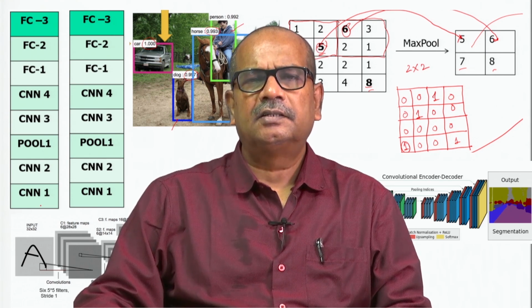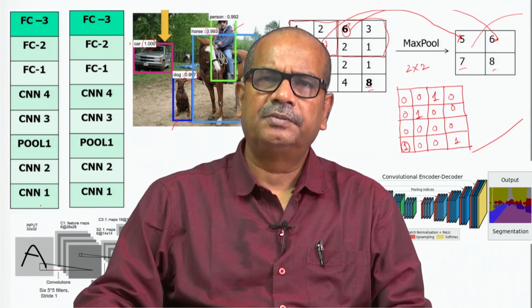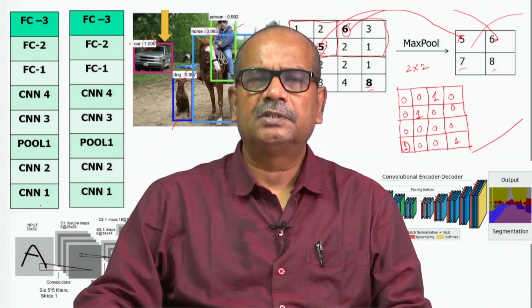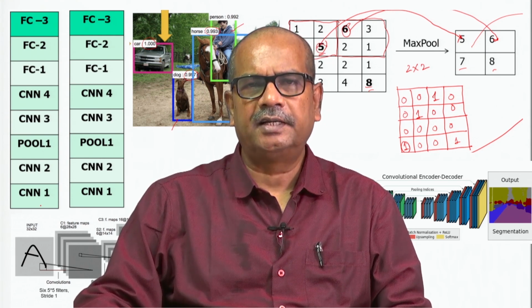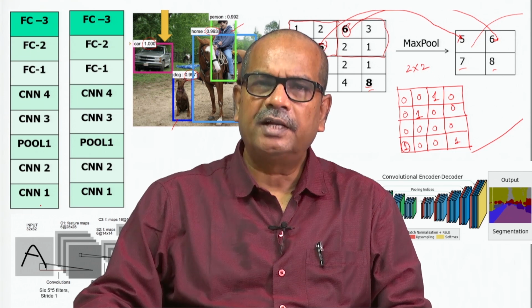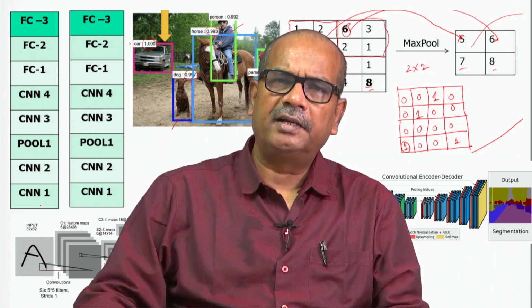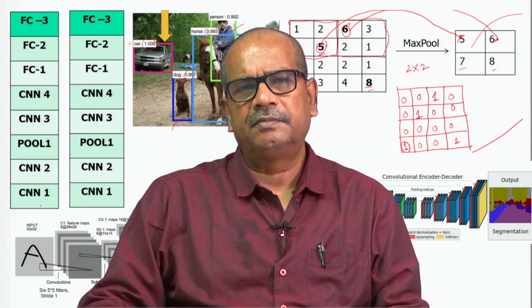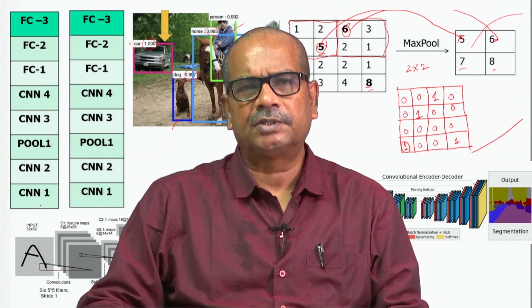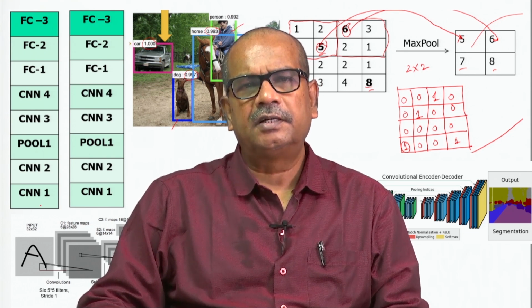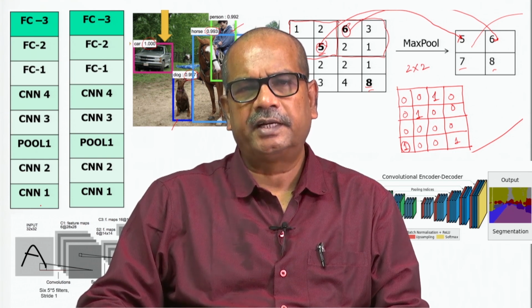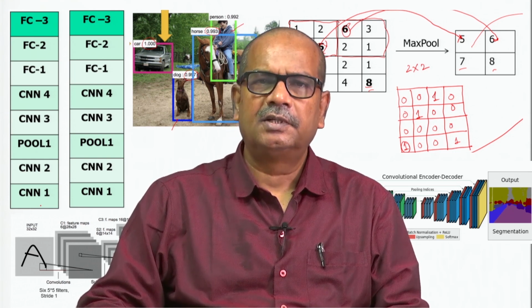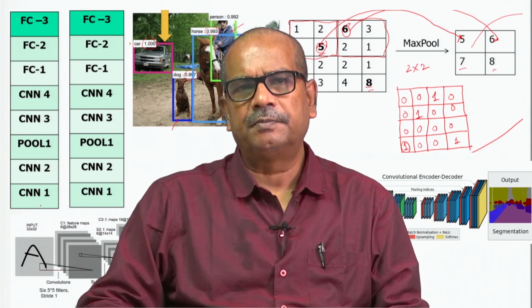And then there is another layer which reduces the number of samples, or downsamples the image, and we call that layer the pooling layer. So these two layers in combination, a cascaded series of this processing, converts an image into a feature representation, extracting features in stages along the multiple layers.